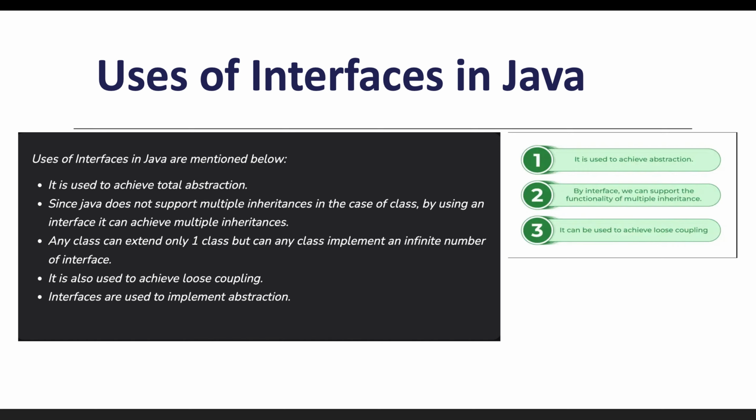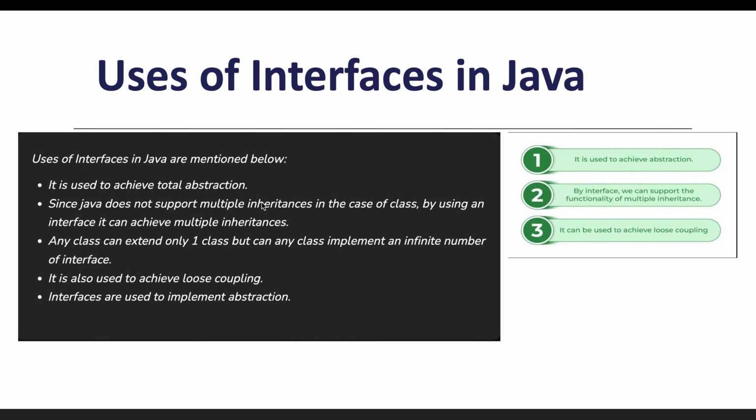That's why the methods available in the interface are completely loosely coupled from their implementation. At a later point of time, let's say someone changes the implementation of the methods available in the interface inside the class, it is not going to reflect or impact the signature. So that's why using the interface we can achieve loose coupling, and interfaces are used to implement abstraction, something like the first point.